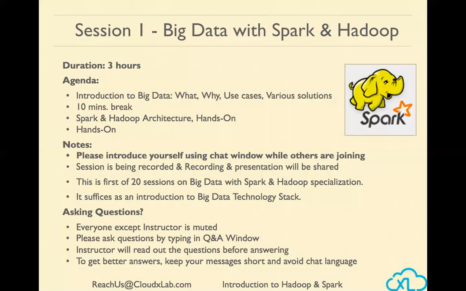The good part is that we are the pioneers of the cloud-based lab, specifically in big data. Because of this you don't require any installation, you can just start using our lab, and all you need is a browser and a fully functional computer with internet.